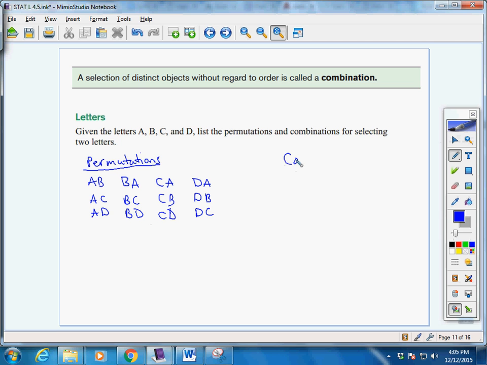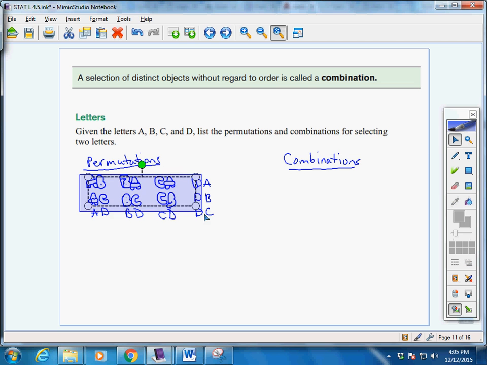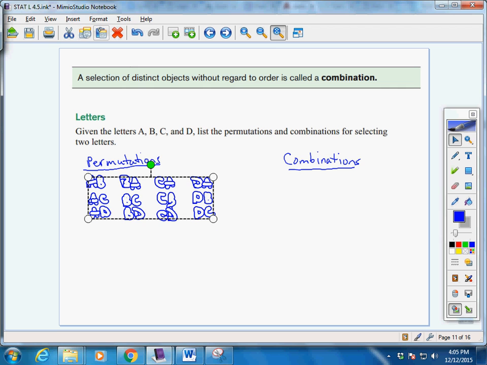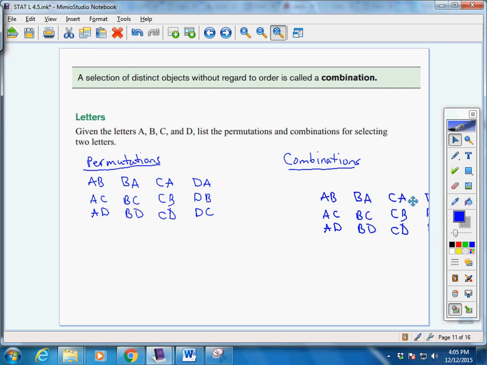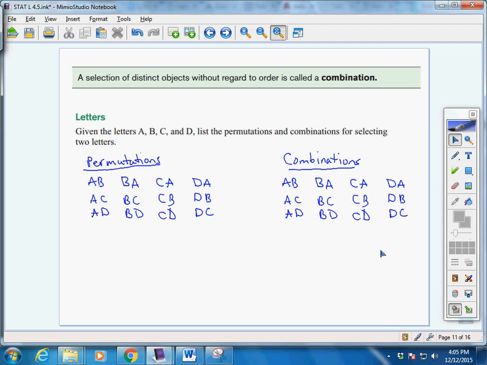If, however, we want to work with a combination, order doesn't matter. So we can take the same list right here, but take out the repeats now.